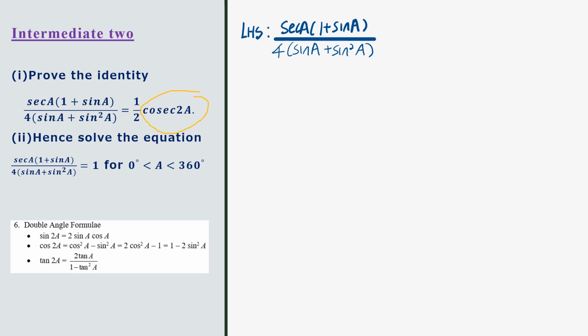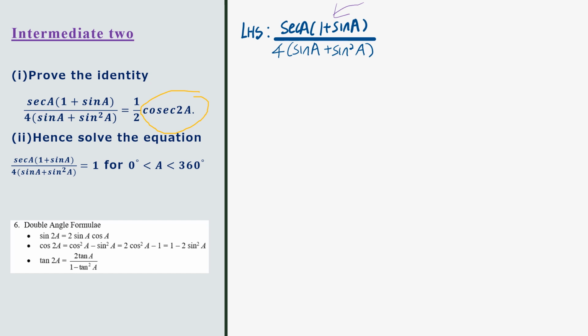When we see something like that, some of us will be very eager to open up this bracket, which I would advise you not to. Let's simplify things that are obviously easily simplified.